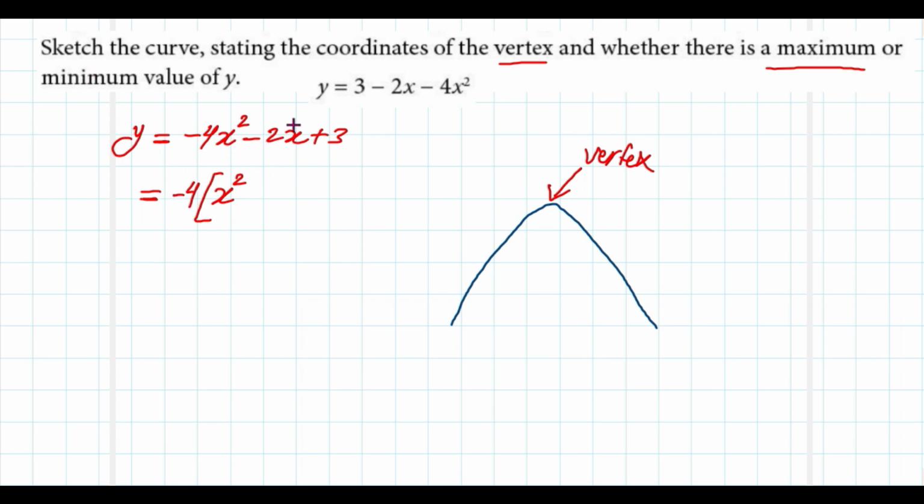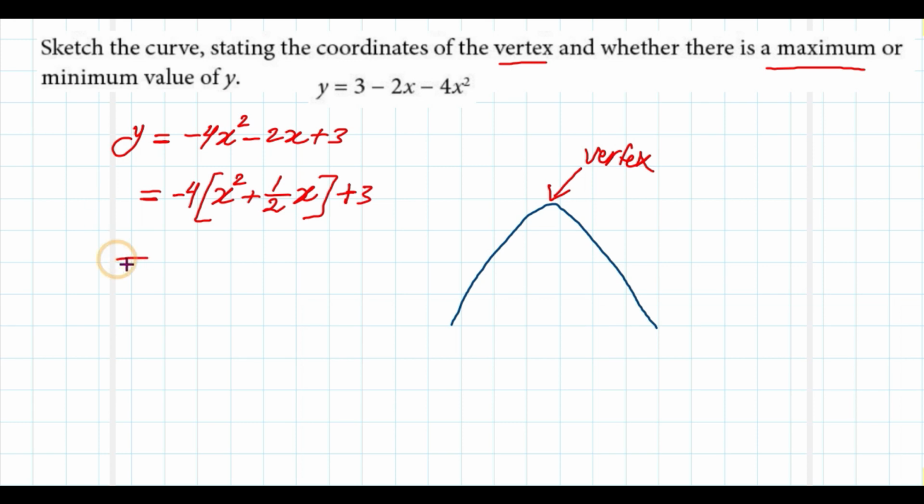So it's like making -4 over -4 here, beside -2; when we take out -4 to the outside, -4 will be left at the denominator. And -2 over -4 becomes +1 over 2. So here that would be +1 over 2x, then close the square bracket, and plus 3.